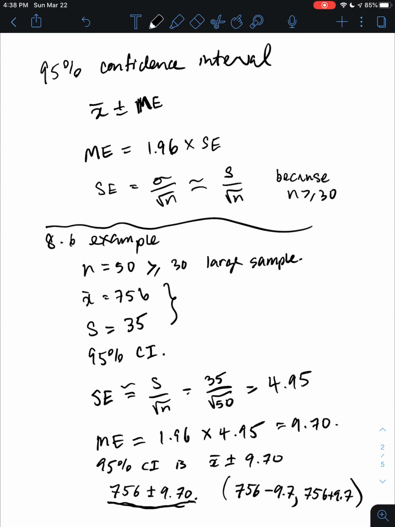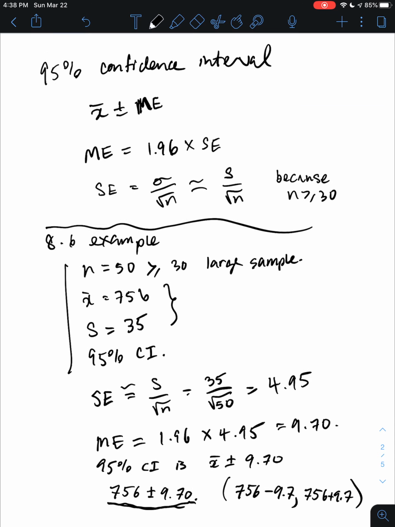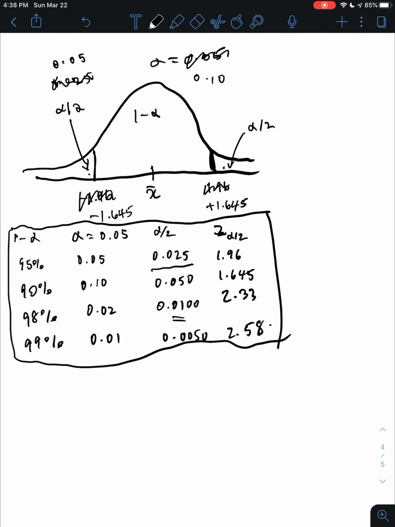So let's go back to our question here, our 8.6 dairy question. We are asked to do a 95% confidence interval, but let's do a 90% confidence interval.